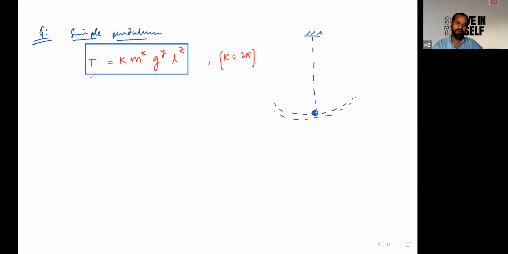Or you can write the dimension formula for this particular T. It would be M^0 L^0 T raised to the power 1.